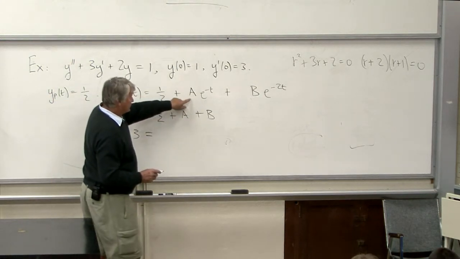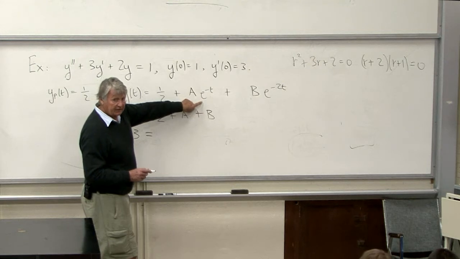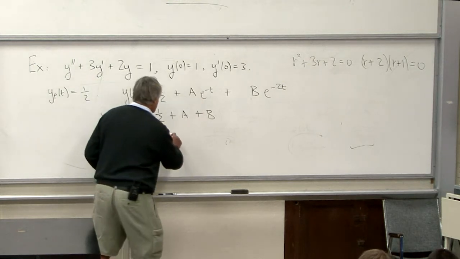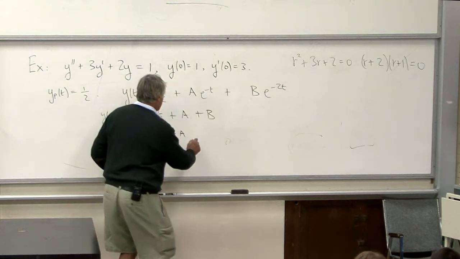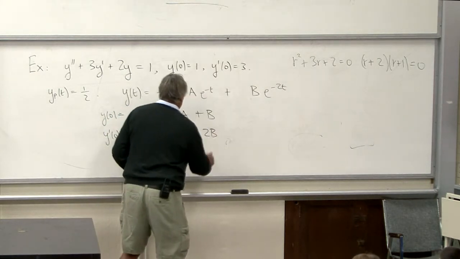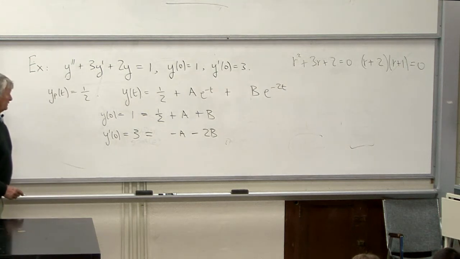I get minus a e to the minus t. At t equals 0, that's just minus a. And then I get minus 2b from here. So you have a plus b is a half, and minus a minus 2b is 3.